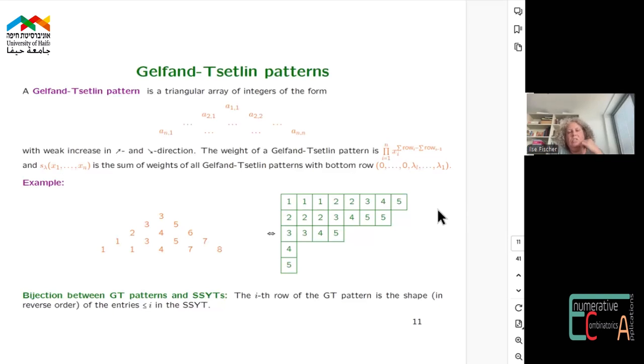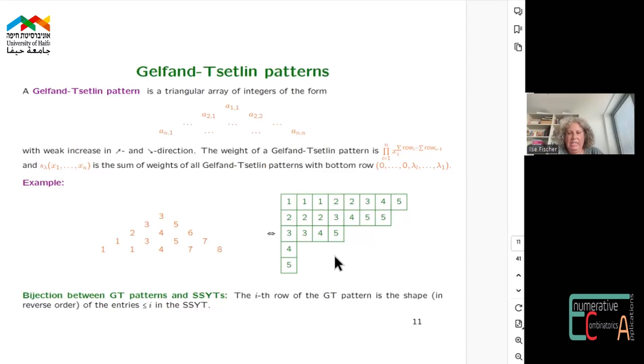And then the Schur function is the sum of the weights of all Gelfand-Tsetlin patterns with this particular bottom row. What you do is you write the partition in reverse order, and if it doesn't have n elements, then you add some zeros in front. In total, you want to have n elements in this sequence, and then you look at all Gelfand-Tsetlin patterns with this bottom row. So that's another combinatorial model of Schur functions.